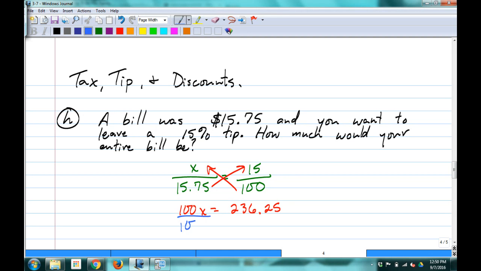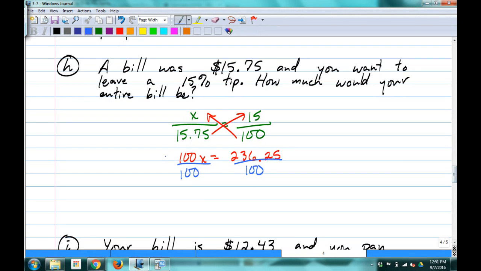Divide by 100, and we get $2.36 and a quarter of a cent left.